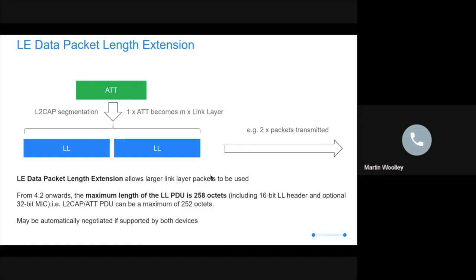And if they do both support it, it'll be used automatically, without you needing to do anything, but that will significantly reduce the number of link layer packets and therefore the overhead of protocol bits and bytes, and therefore improve your throughput at the application layer.